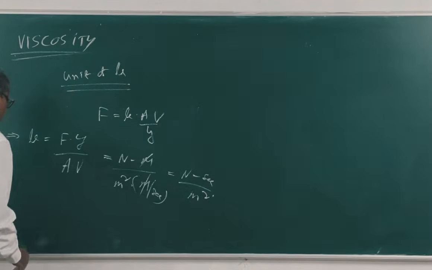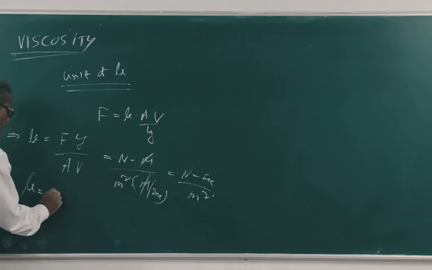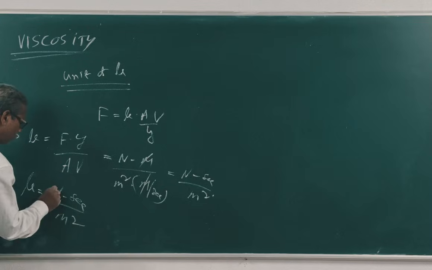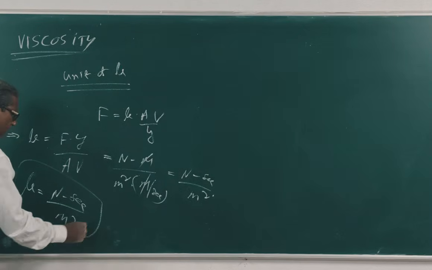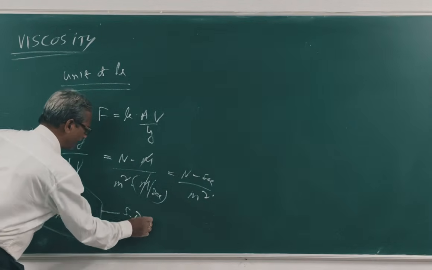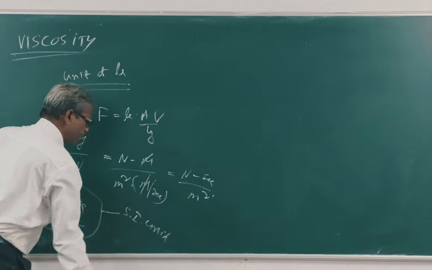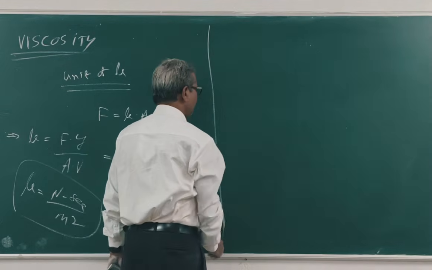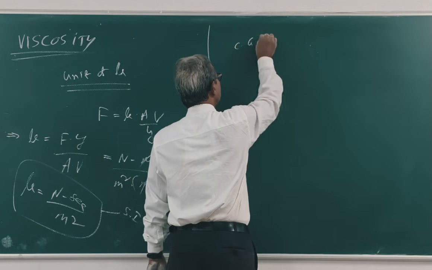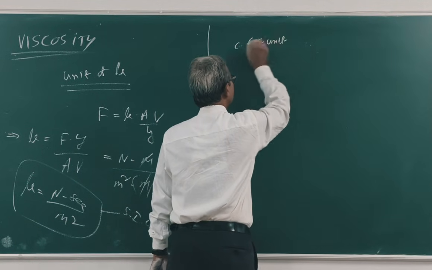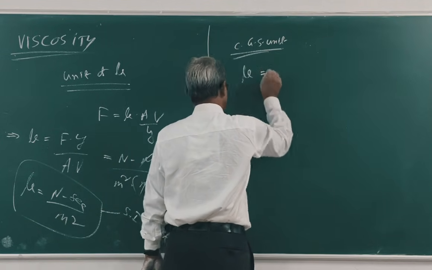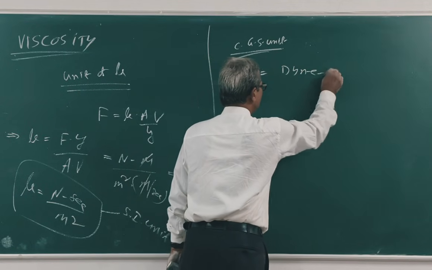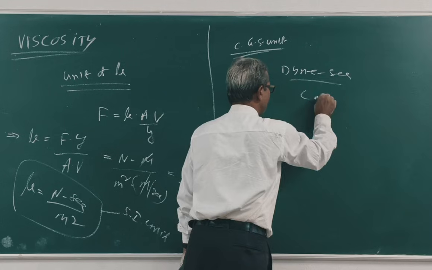So mu is equal to Newton second per meter square. This is the SI unit. CGS unit: mu is equal to dyne second per cm square.